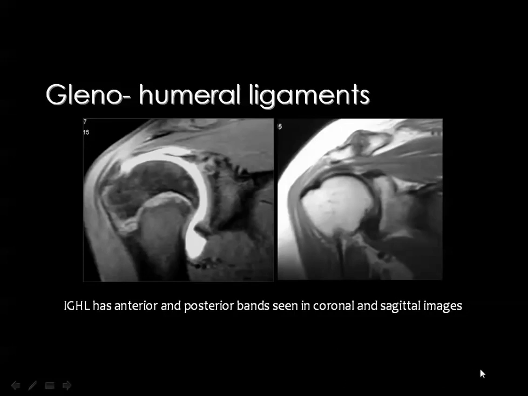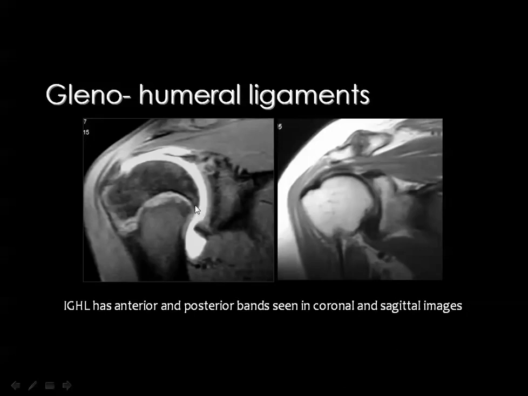Then we came to the final issue here, which is the glenohumeral ligaments. And you remember, the inferior glenohumeral ligament will form the axillary pouch. The ligament, when the joint does not contain fluid, will be collapsed and superimposed on the inferior labrum to form this rounded black shadow, which is the combination of the inferior labrum and the inferior glenohumeral ligament.